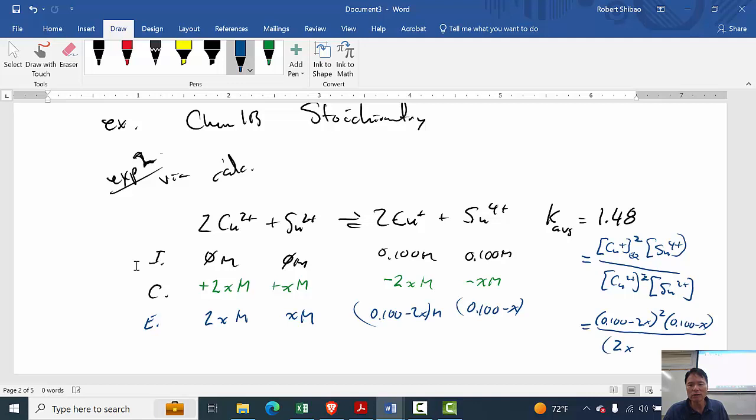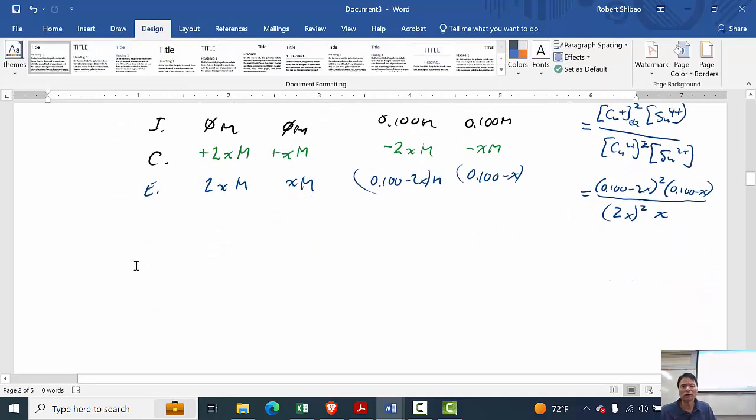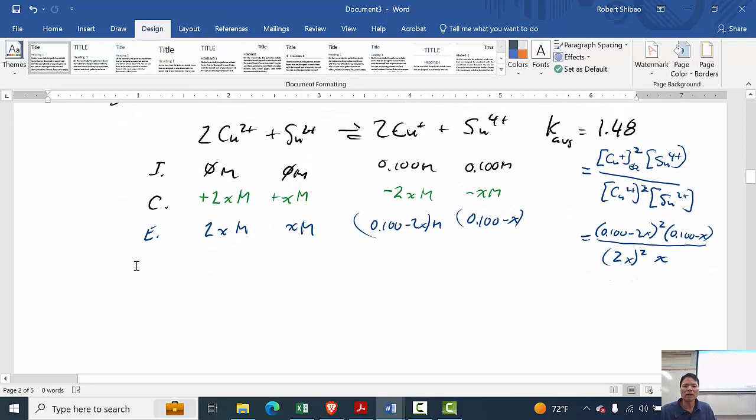And this is going to be 2x squared, and then this is going to be x. I'm going to ignore the units here for the K expression. And this whole thing has to equal 1.48. So when I look at this, this is going to be a cubic equation. Do you see it's third order? So I need to solve for x.